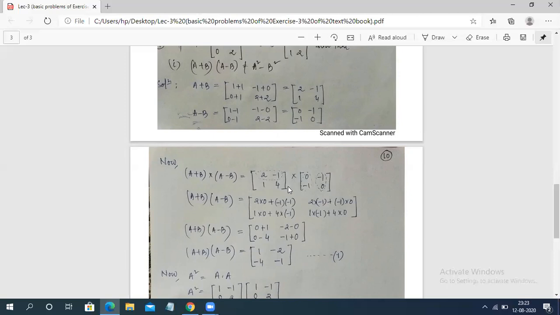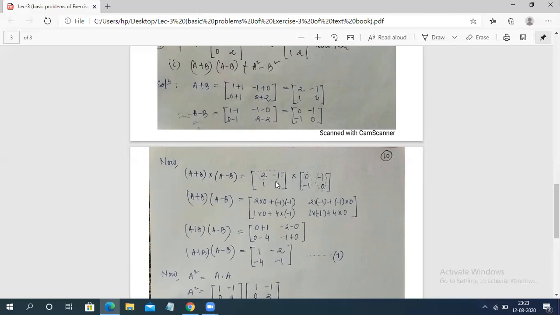The second row with first column gives the first element of the second row, and the second row with second column gives the second element of the second row. So 2 into 0 plus minus 1 into minus 1, then 2 into minus 1 plus minus 1 into 0. So the first row is completed.